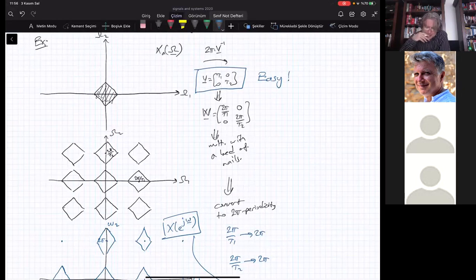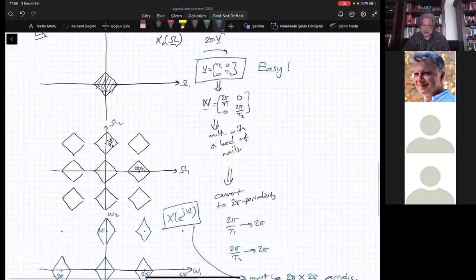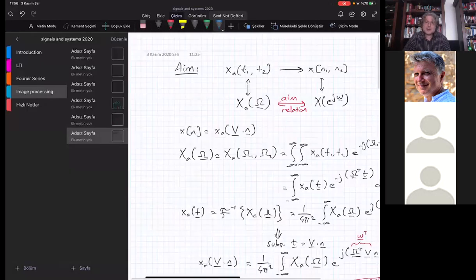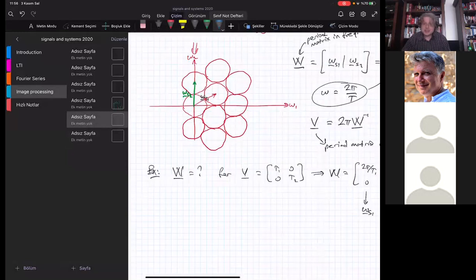And with hexagonal sampling, the repetitions, let me close this page and go to the previous one. Yeah, here, these repetitions, they are on the uppercase omega axis. They are in the continuous frequency, the continuous time Fourier transform axis.